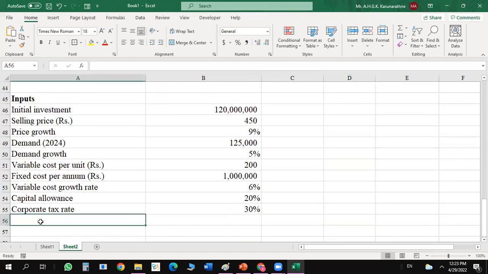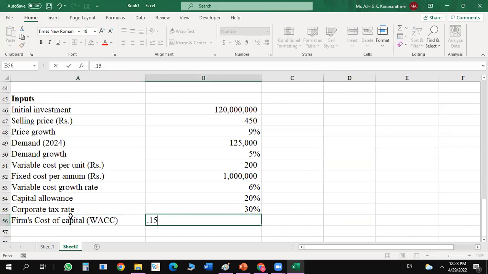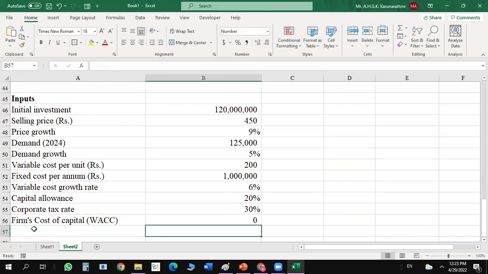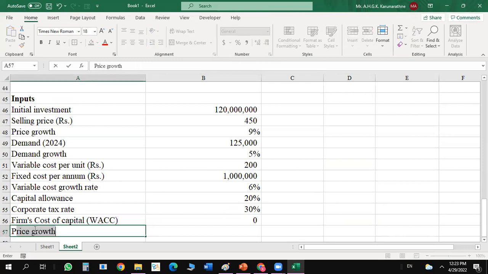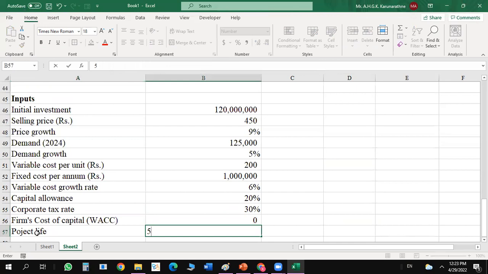What else? Cost of capital as a WACC, weighted average cost of capital, is 15%, and project life is 5 years.